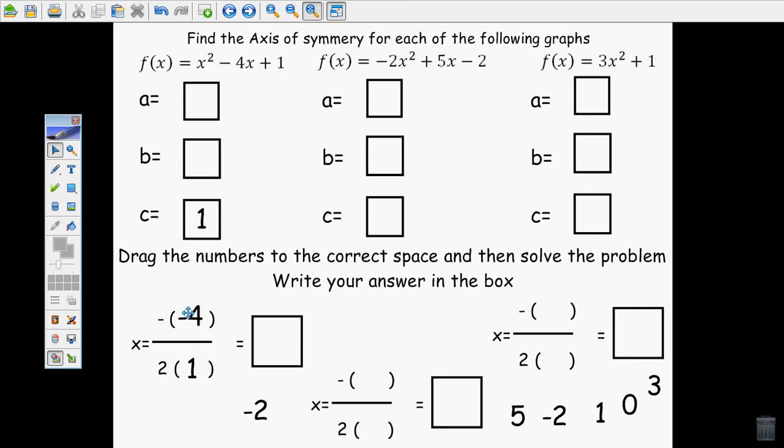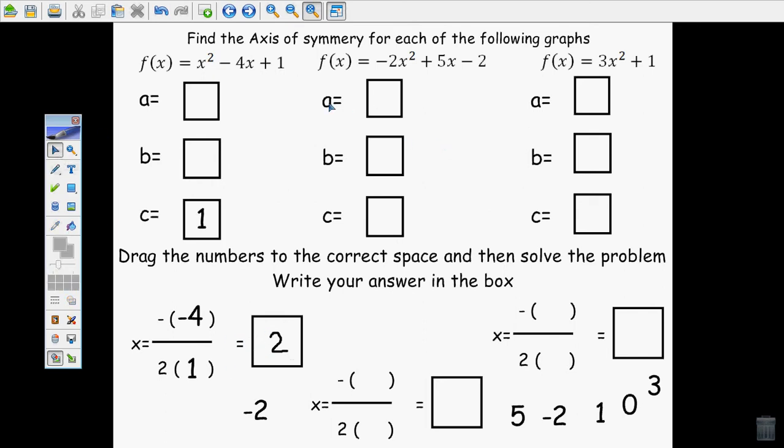So all I'm using to find x would be the b and the a. So notice here, negative of -4 would be +4 over 2. 4 over 2 is going to be just equal to 2. Okay, I'm just supposed to write it in the box. And so once I simplify that fraction, it would just simplify down to 2.